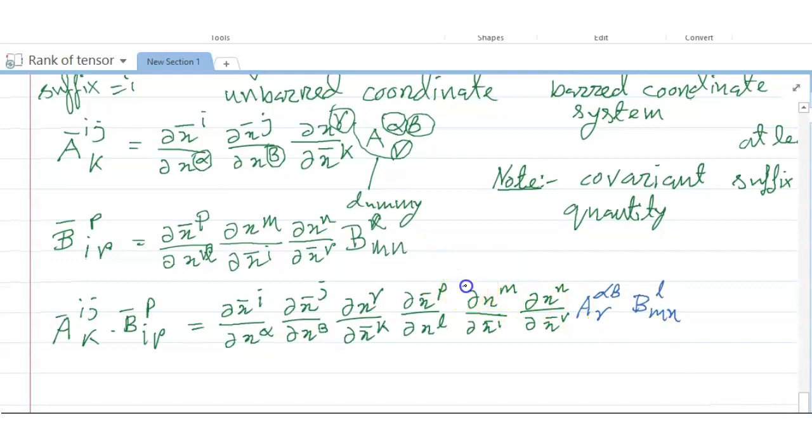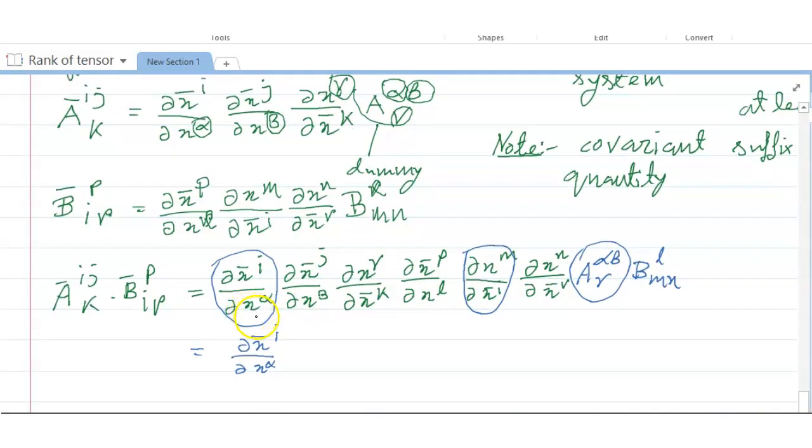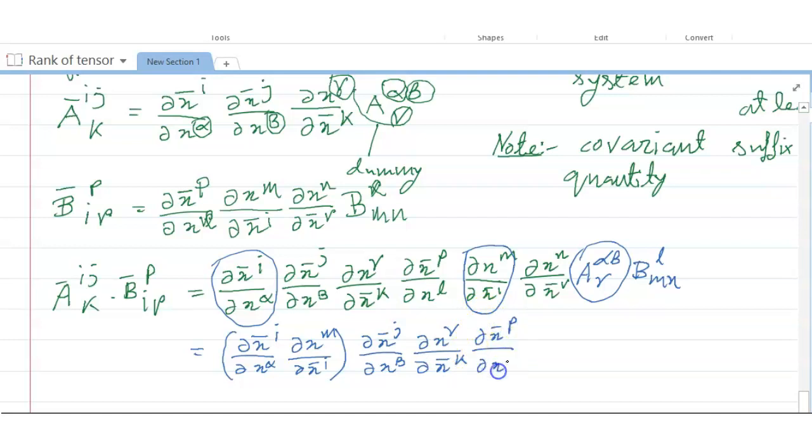So friends, whatever you see, this point and this vector, I can write this way: ∂x̄^i, ∂x^α, into ∂x^m divided by ∂x̄^i, ∂x̄^j divided by ∂x^β, ∂x^γ divided by ∂x̄^k, ∂x̄^p divided by ∂x^l, ∂x^n divided by ∂x̄^r, into B^{lmn}.